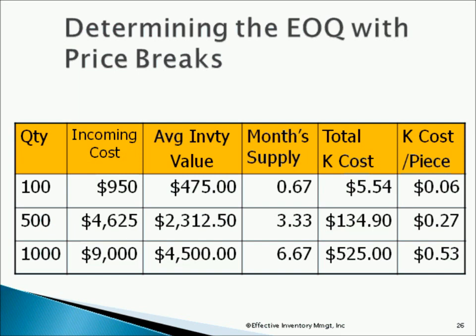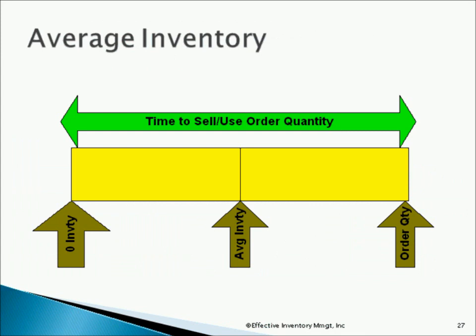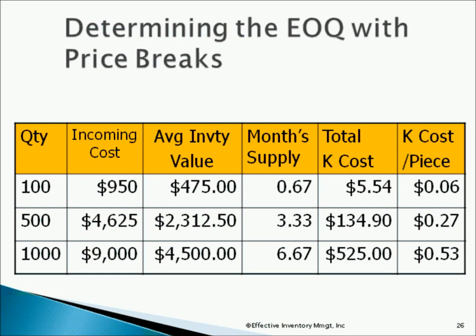Why? Because if I bring in $950 worth of inventory during the time it takes me to sell all $950, half the time I will have more than half that amount, or more than $475. Half the time I will have less than $475.